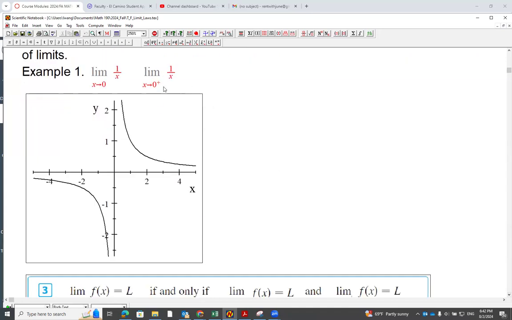So when x is approaching 0 from larger than 0, it is approaching positive infinity.